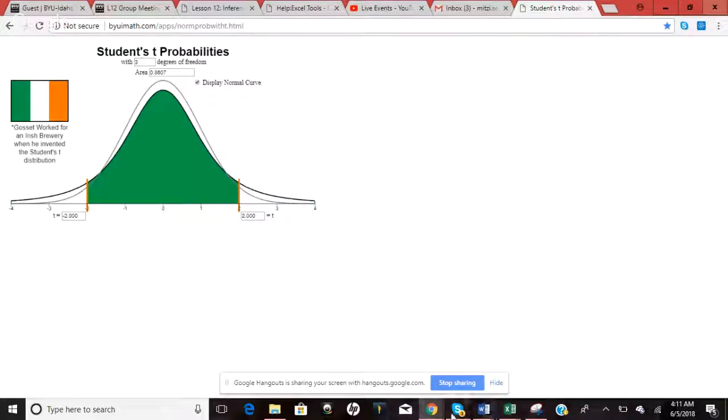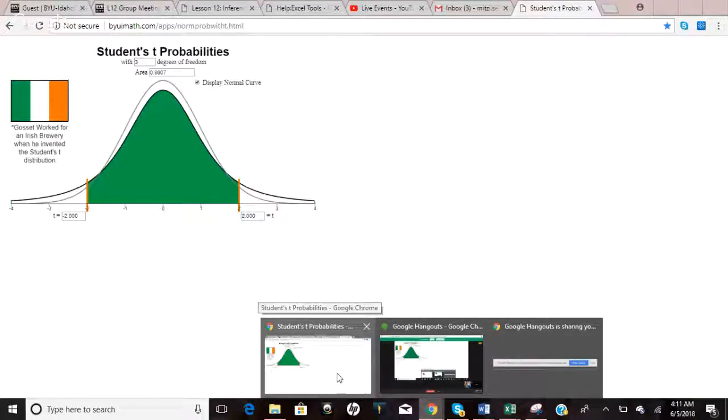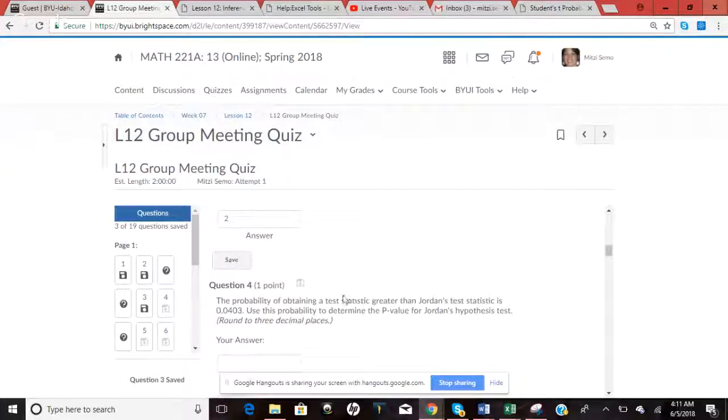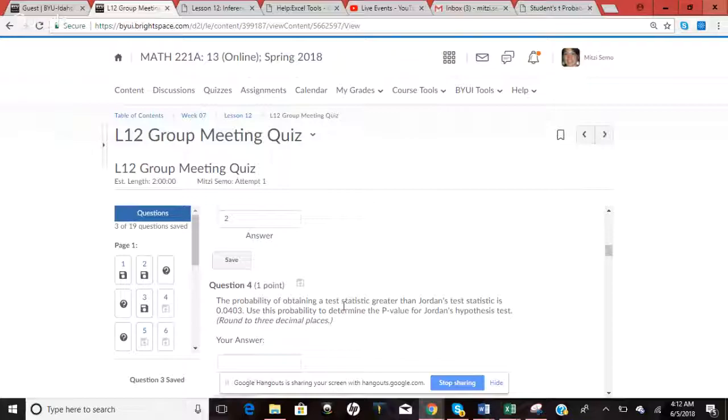And we are looking for, okay, what are we looking for? The probability of obtaining the test statistic greater than... is 0.3.